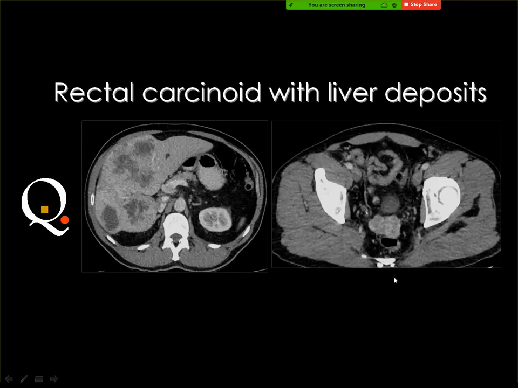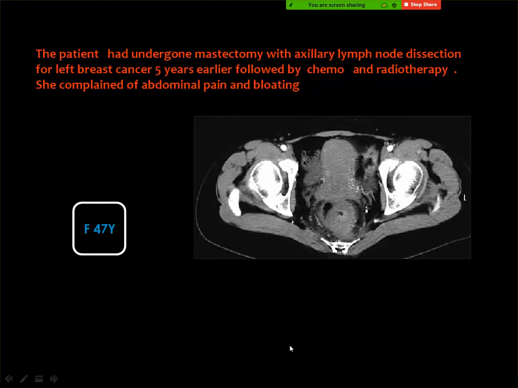But what favors the diagnosis of carcinoid should be in the clinical data and also the well definition and significant enhancement of the lesion. But you are not supposed to say so. You say this is a neoplasm or malignant rectal lesion with liver deposits.